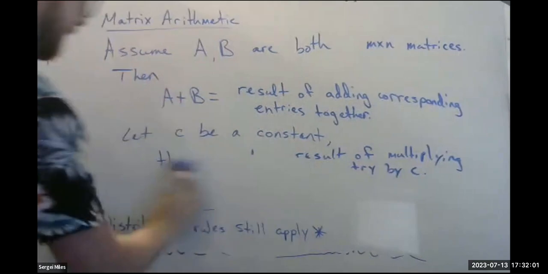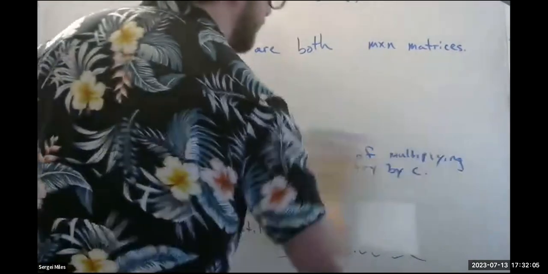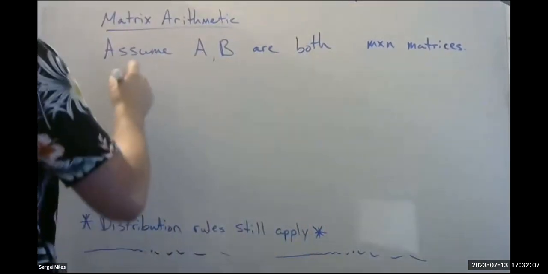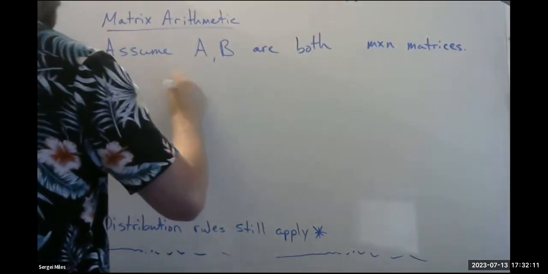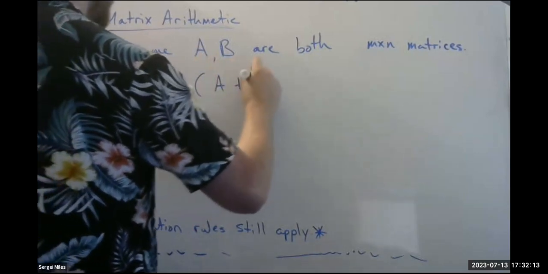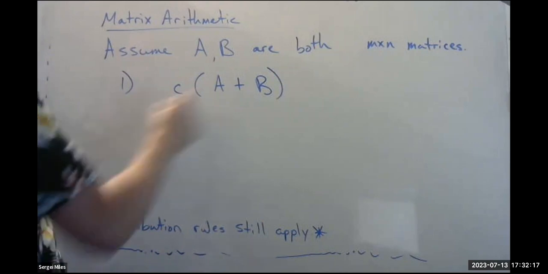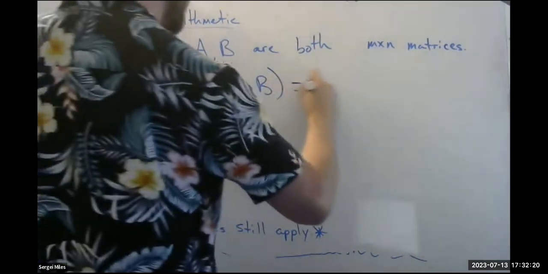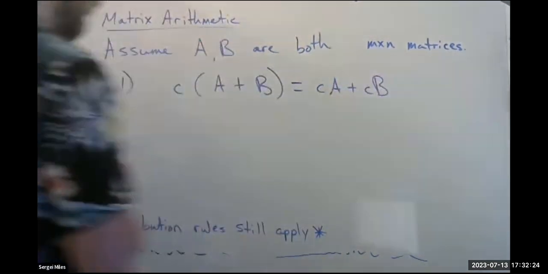Well, that just means that if you have, let's say, two matrices being added together in parentheses, and they're being multiplied by a scalar on the outside, well, then I can actually just distribute the scalar. This is CA plus CB.